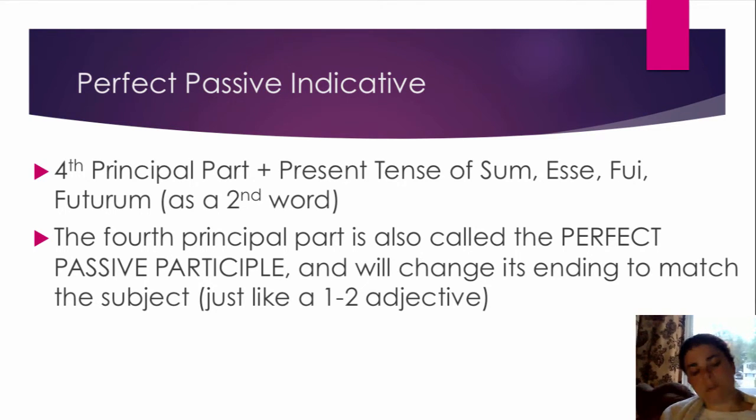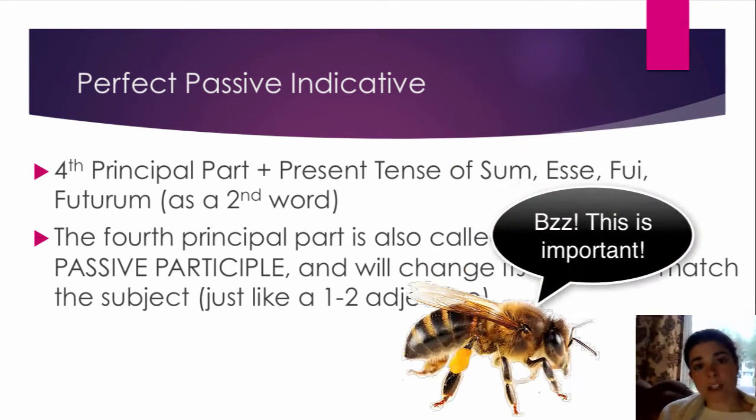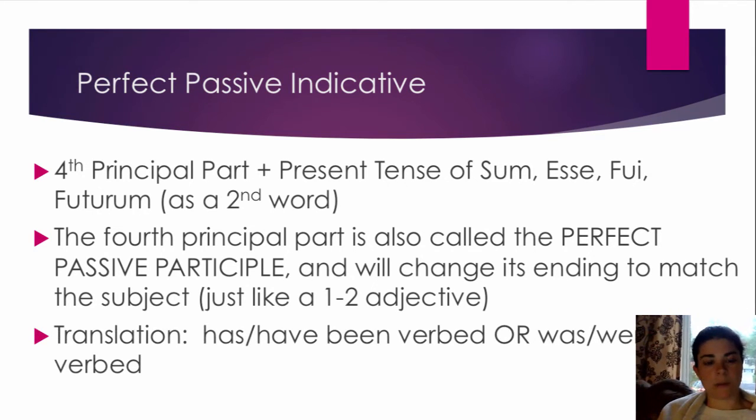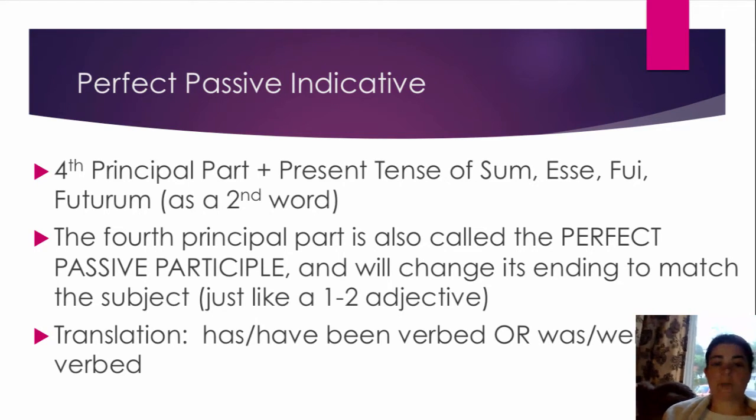So, when you see that fourth principal part, we will actually use it as a participle. What makes it the perfect passive is the addition of that second word, sum. So, let's take a look at how this will look when we put this in a different form. And of course, the translation, as I said in the previous slide, is going to be "has or have been verbed" or "was or were verbed."